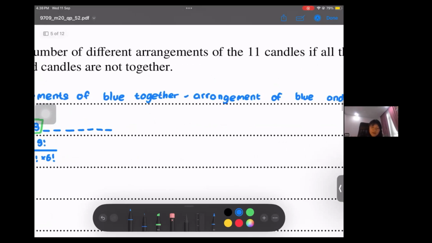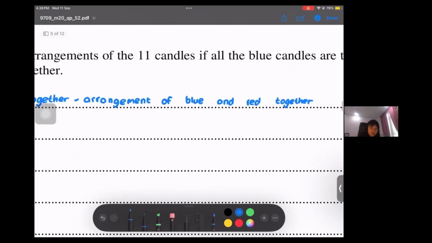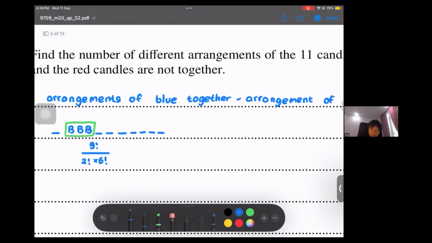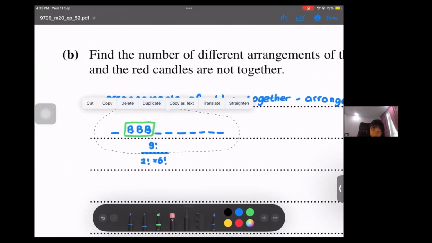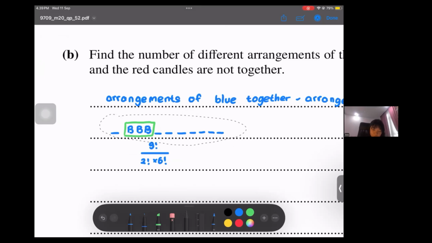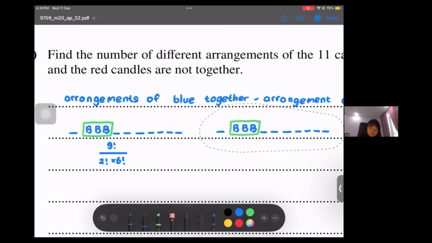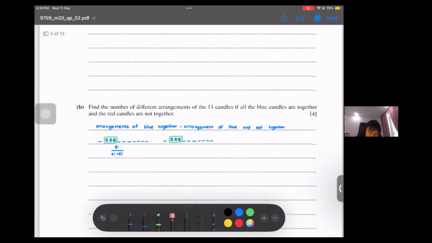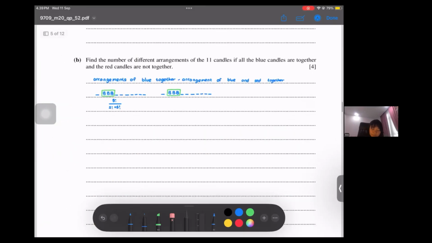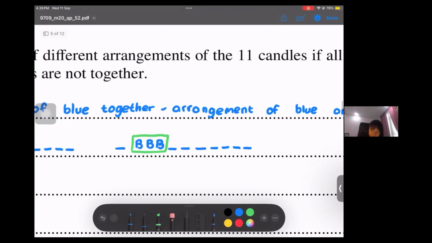Next, we will have the arrangement of blue and red together. So we can duplicate this arrangement. Duplicate this and we will move it to here. Then we'll add in two other red candles. So 1 and 2.